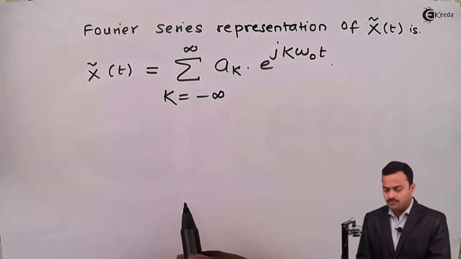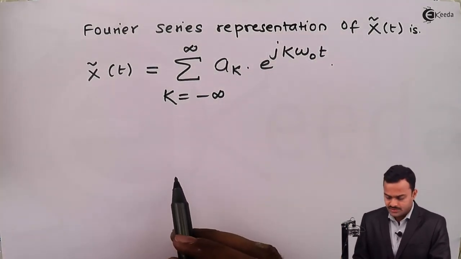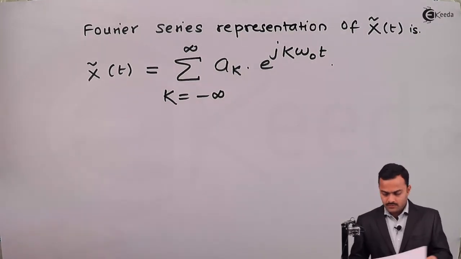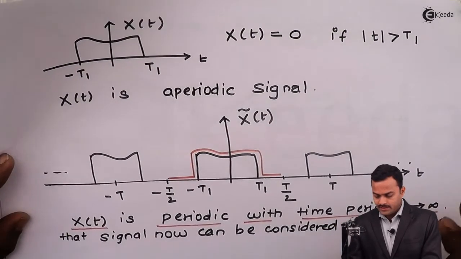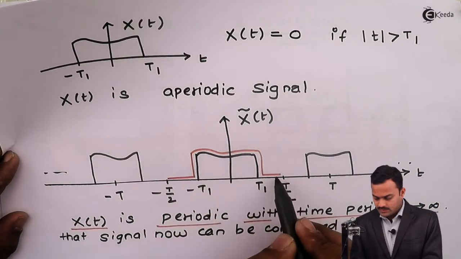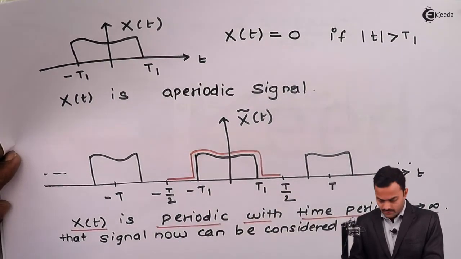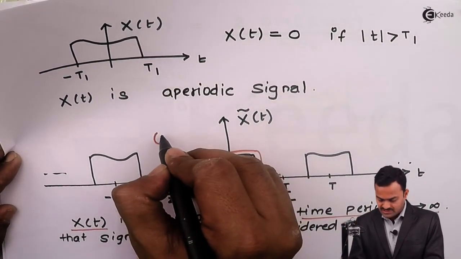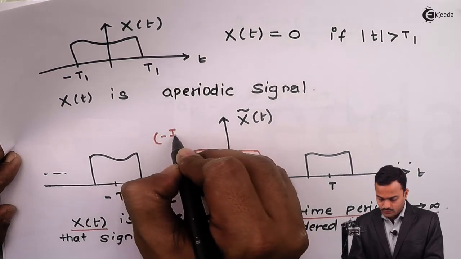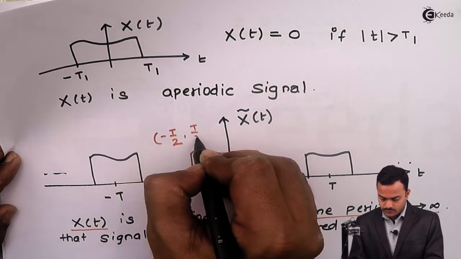This is the standard form of a Fourier series representation. Remember, while considering a time period, we have taken this into account, where the waveform starts from minus T by 2 to T by 2.